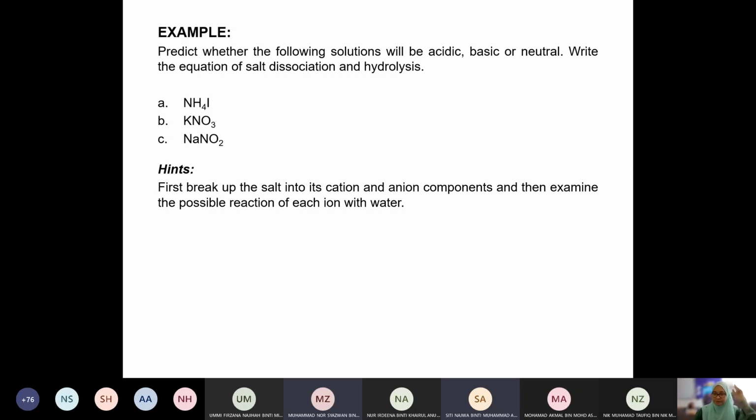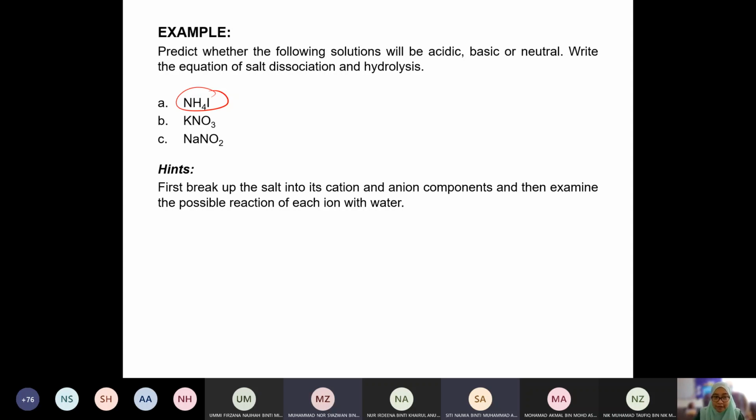Prediction is important because it helps us make sure that we are on track. Otherwise you might say it is acidic but then write basic. When you have an early prediction, make sure your final answer is tallied and correlated with your prediction.